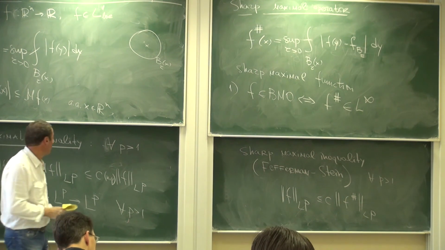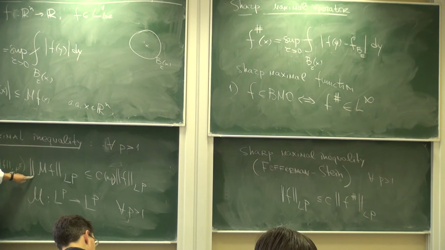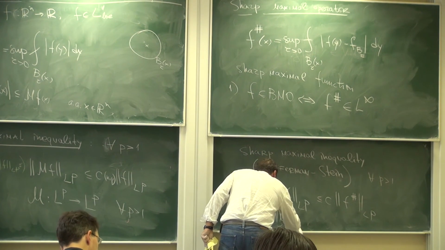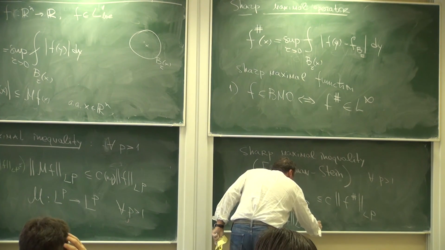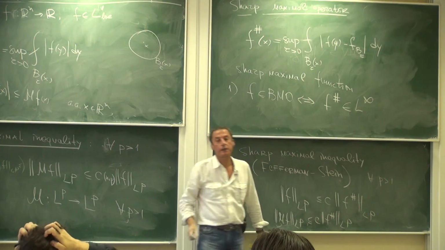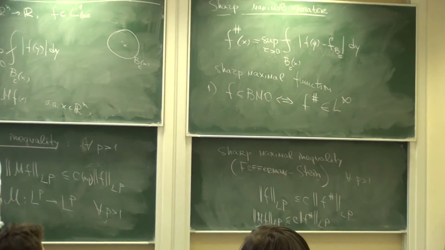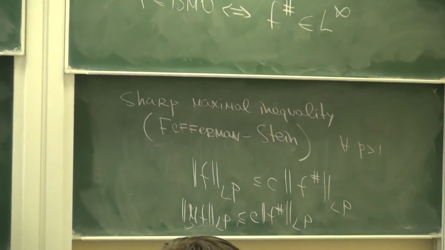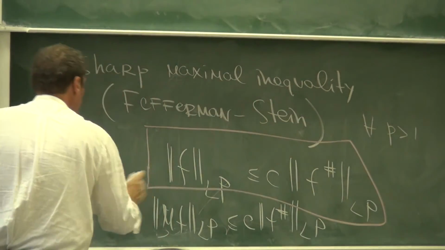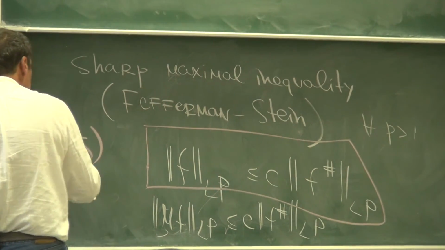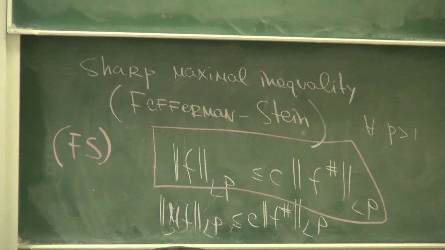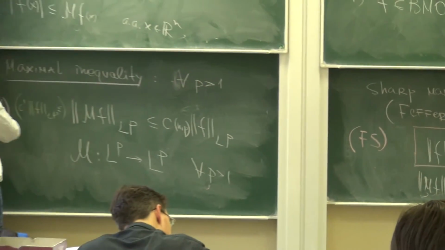In particular, remembering also the maximal inequality, you have also that the maximal function is bounded in terms of the sharp function of f. This first part, for later purposes, I will call FS, Fefferman-Stein. Instead, this one here will be the maximal inequality.